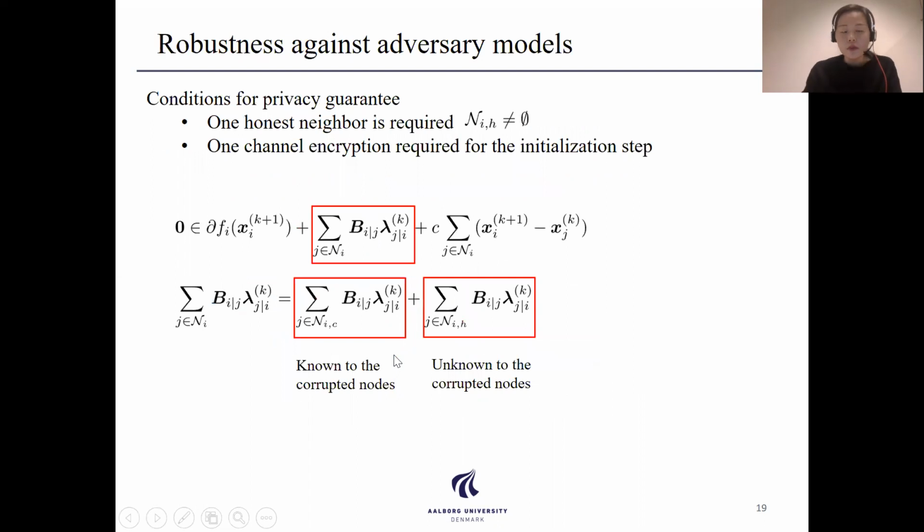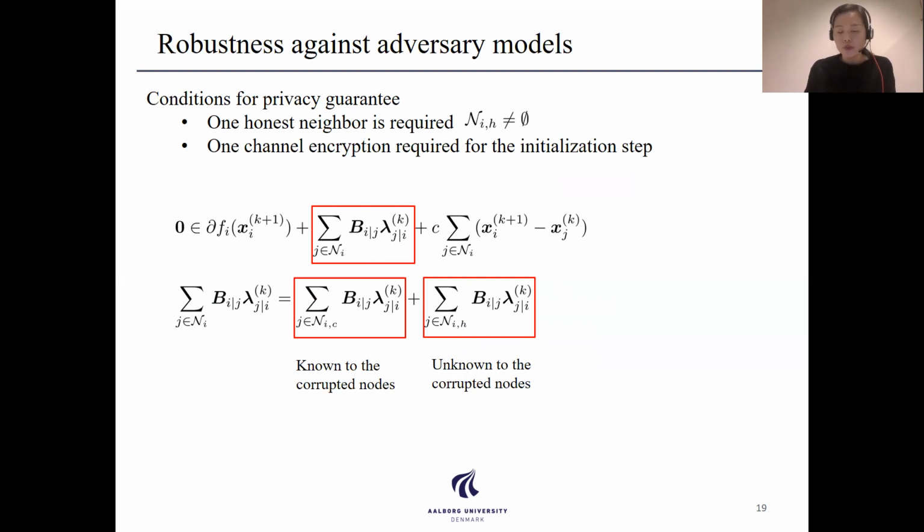The condition for being robust to this adversary model is actually very mild for our proposed approach. Since we rely on the dual variable to protect our privacy, we can separate this dual variable into the corrupted one and the non-corrupted one. As long as there is one neighbor that is not corrupted, he is honest, so your secret is safe.